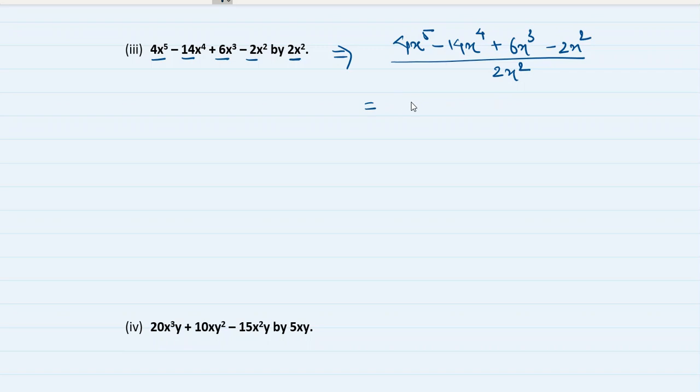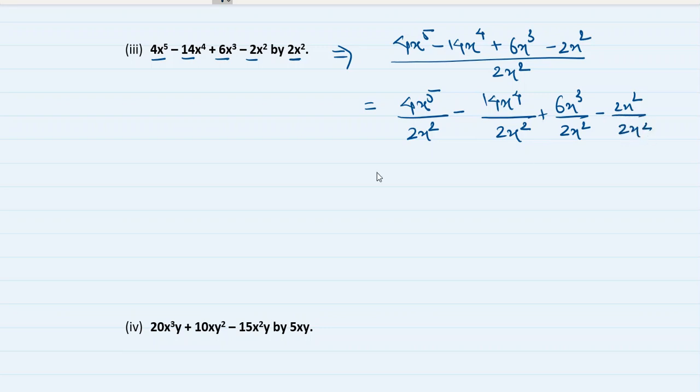You write it as 4x raised to 5 divided by 2x square, minus 14x raised to 4 divided by 2x square, plus 6x cube divided by 2x square, minus 2x square divided by 2x square.